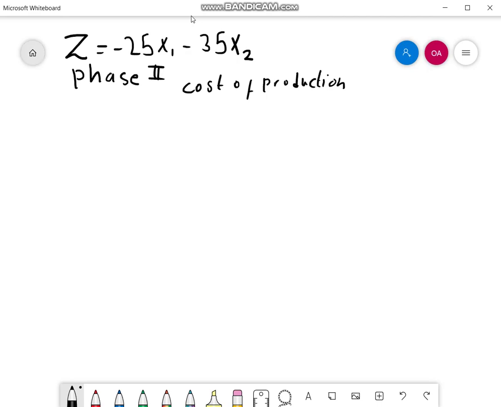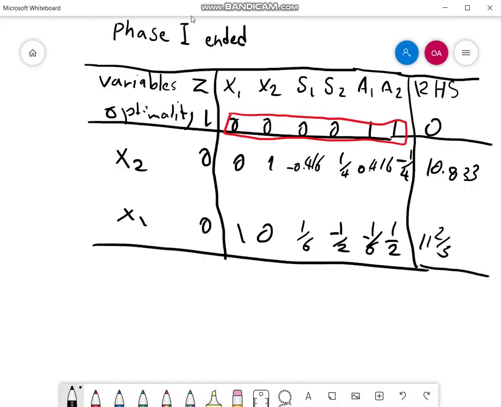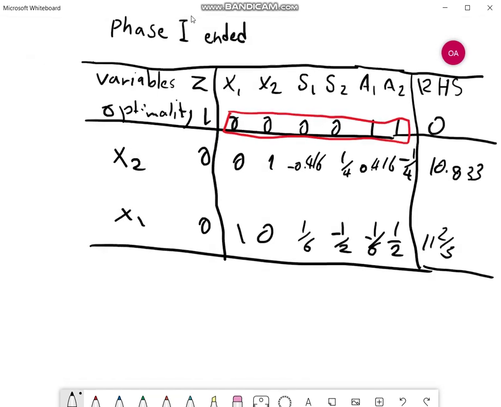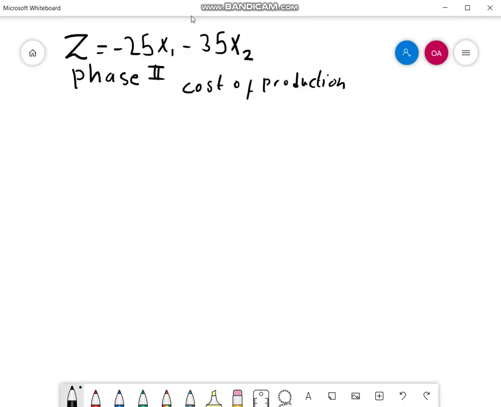But I have already made some decisions here. x1 and x2 have already been contributing so far, and because of these values I don't have any contribution for the artificial variables, so I can take advantage of this. But I cannot put the same amount of z because I have already exhausted the resources to make these things.